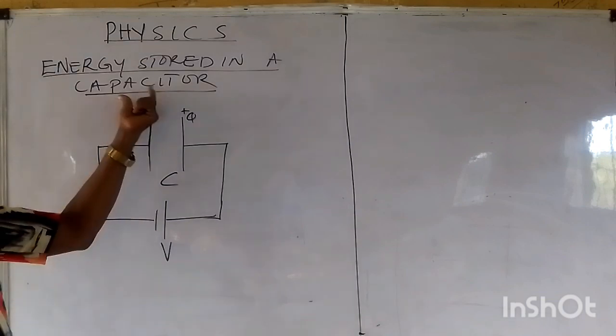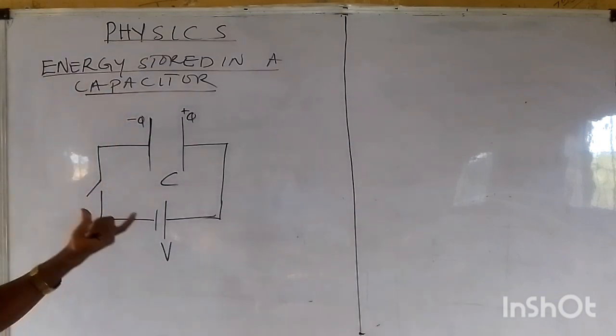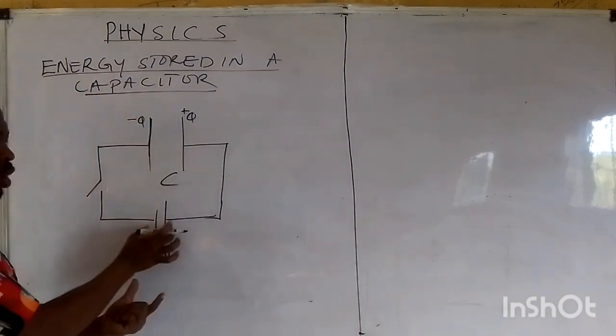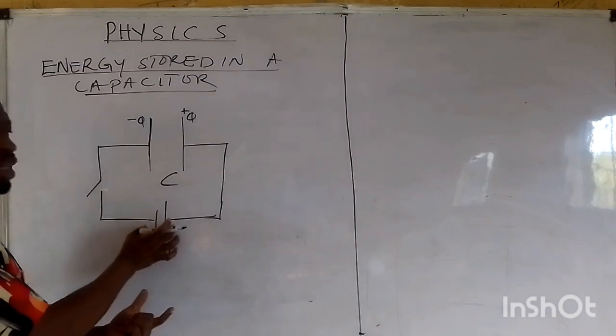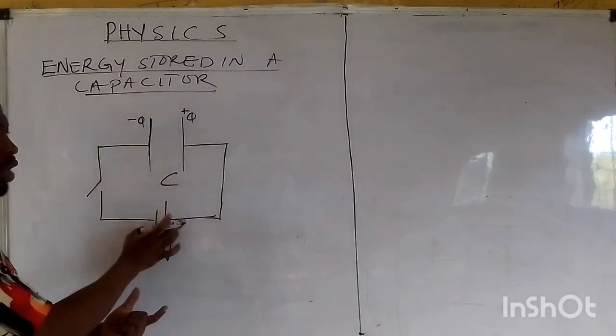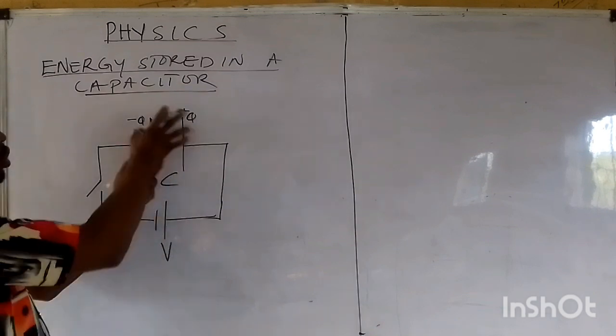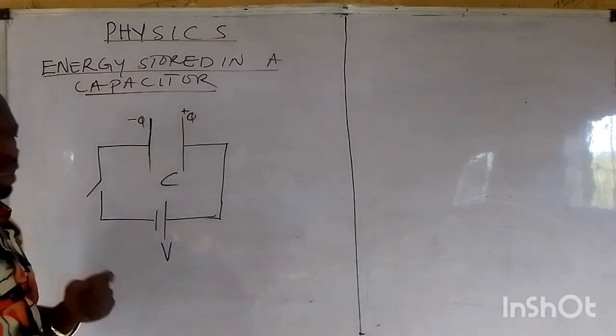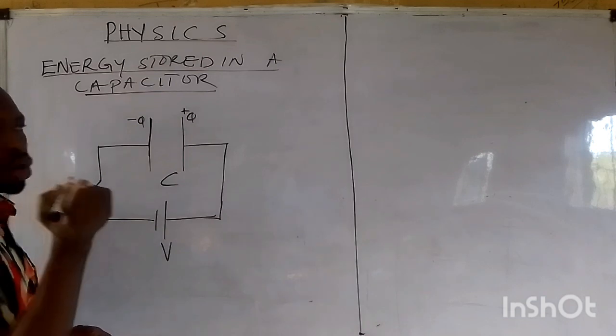Now, by energy stored in a capacitor, we want to look at how we can use this potential difference to charge here, or use whatever energy we have here to charge here. And by doing that, we need to do some work.